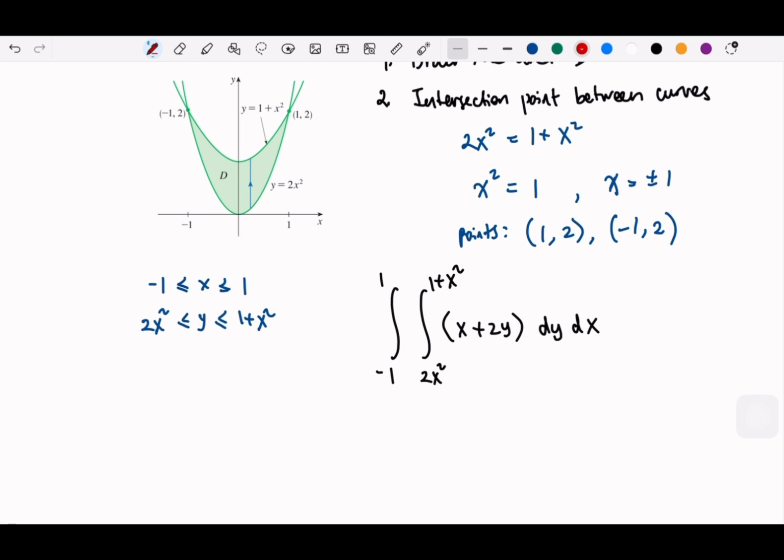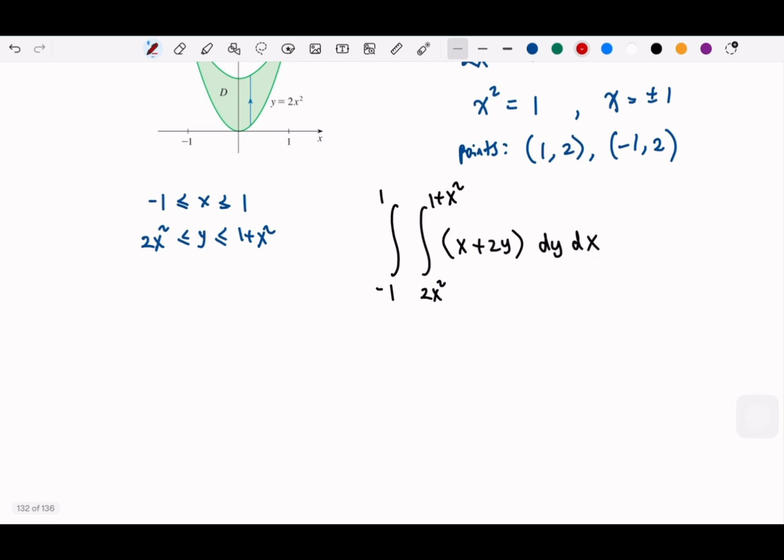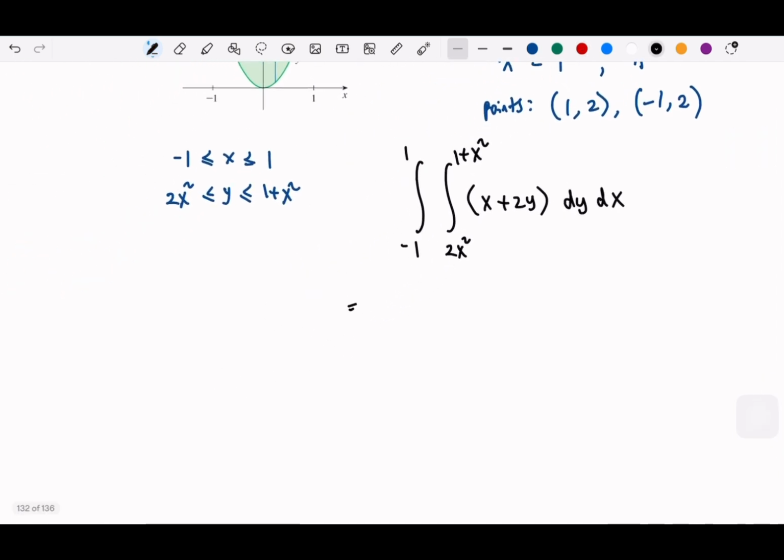I hope you get it. I will use a different color. So the result will be xy plus y squared, and then plug in 2x squared and 1 plus x squared.